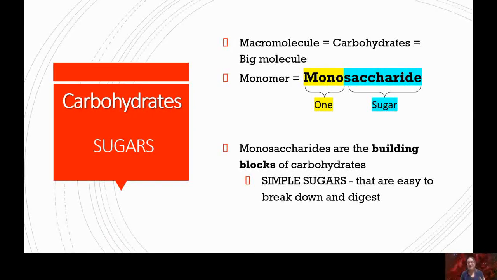Those are easier to digest and break down, and those you can think of things like fruit, like this banana. It's not a real banana, it's a panda banana, but for example, fruits have a lot of simple sugars, and so if you consume a lot of fruit, you have a lot of energy right to burn.